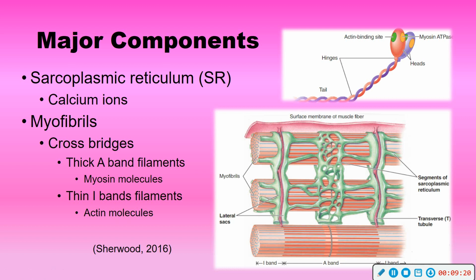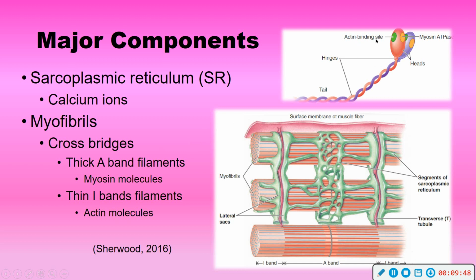The thin is where you have the actin molecules and these little hair-like pieces that come off of it that help connect every single one of these little pieces, piece by piece, together. So, when they connect, we say that it creates a cross bridge. So, here's that cross bridge.